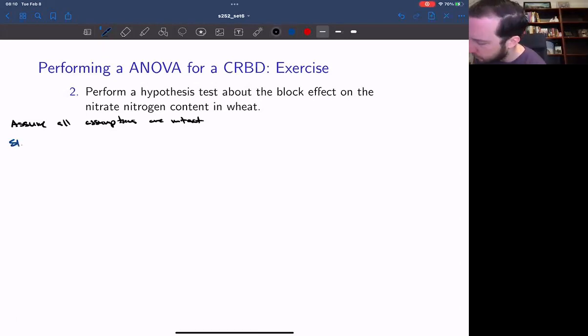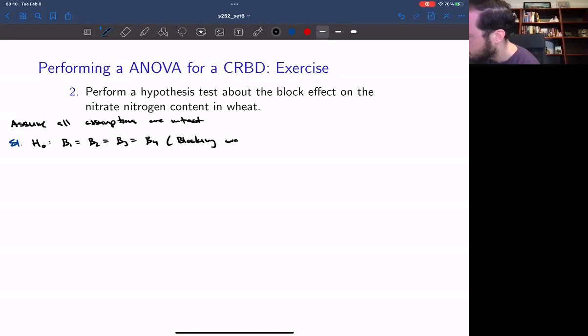So there's a few ways that we can do this. For example, we could write beta 1 equals beta 2 equals beta 3 equals beta 4. This would be blocking was not effective. Okay.